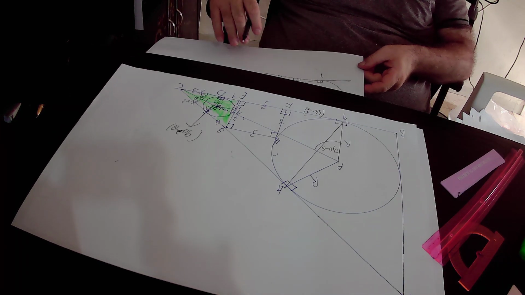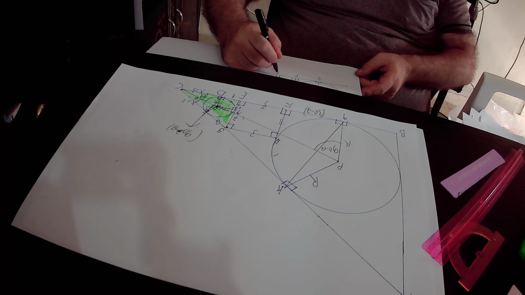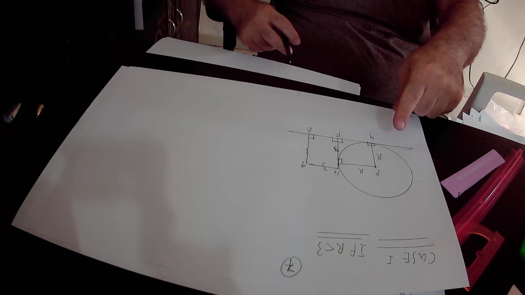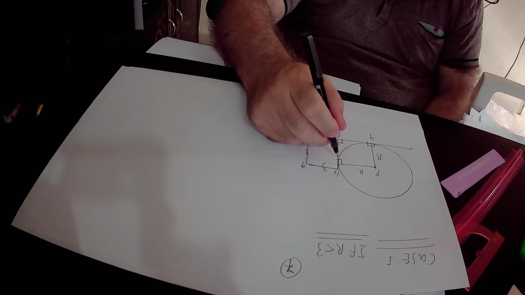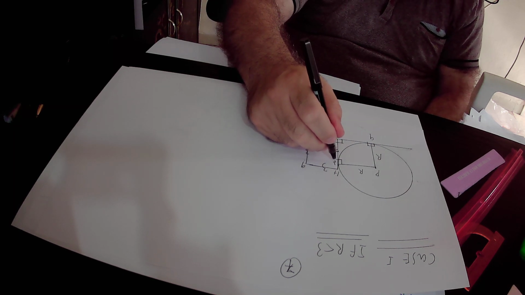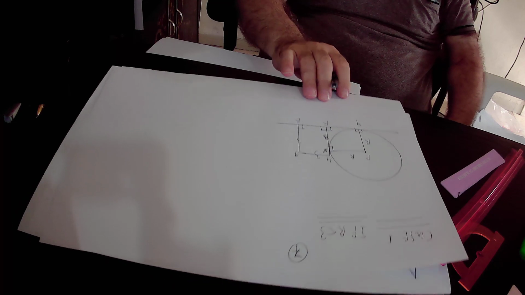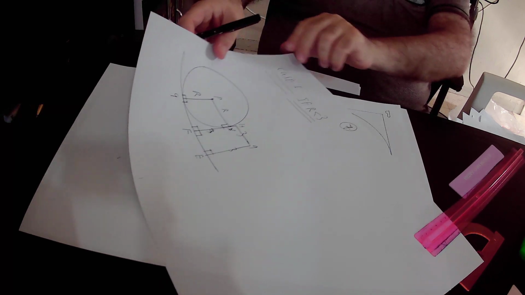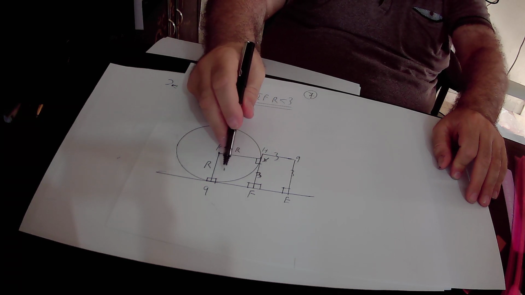Here we define the point of tangency of tangent edge F with the radius as point X. So inside quadrilateral PXQF, this quadrilateral, we have 1, 2, 3 right angles.